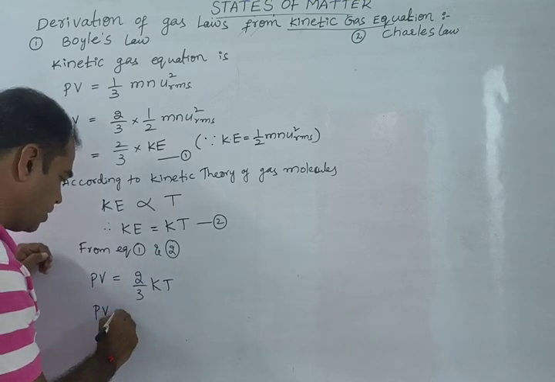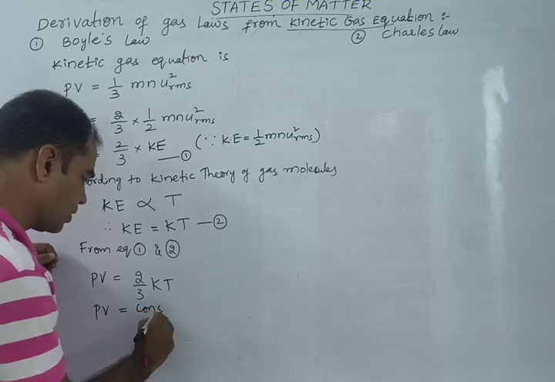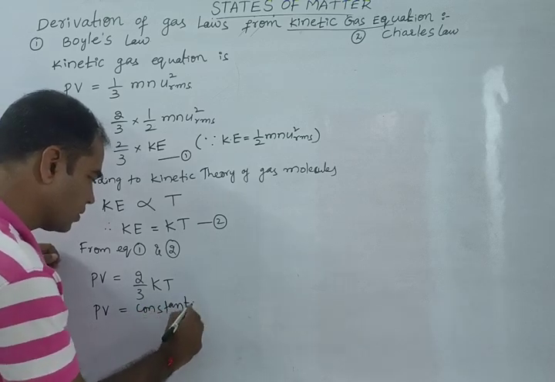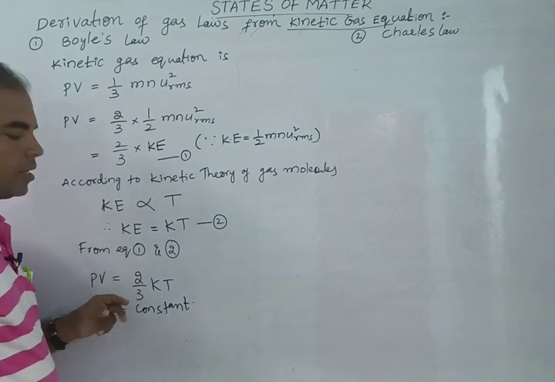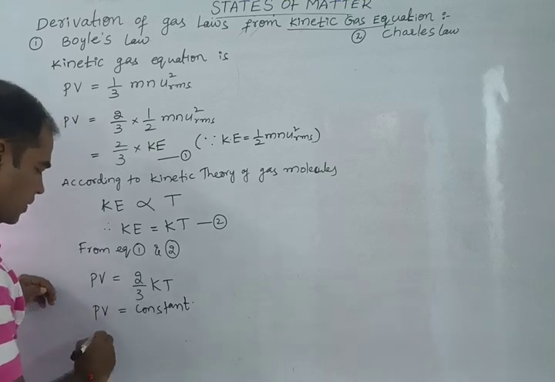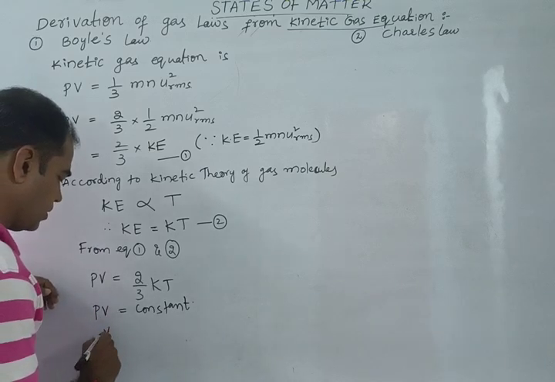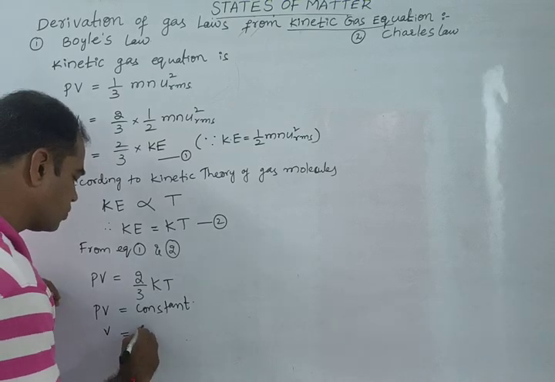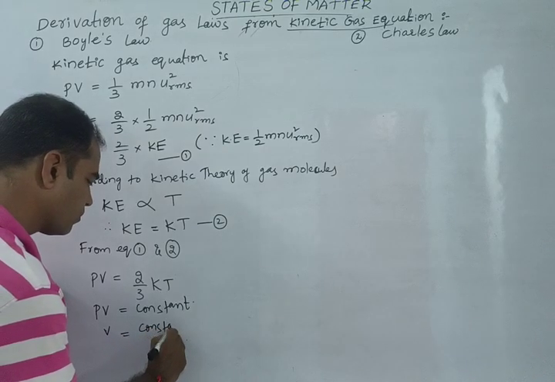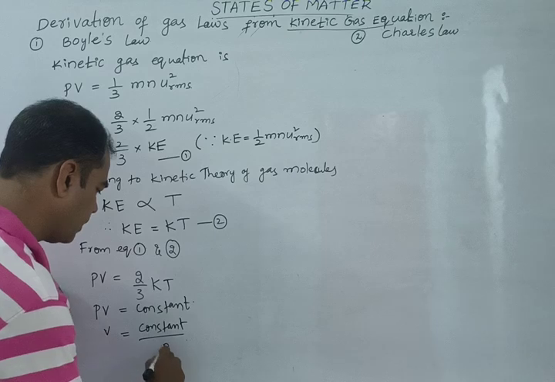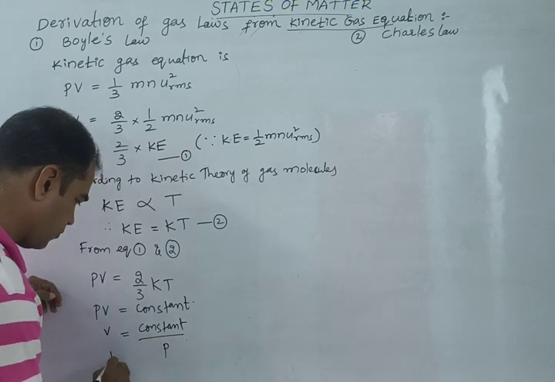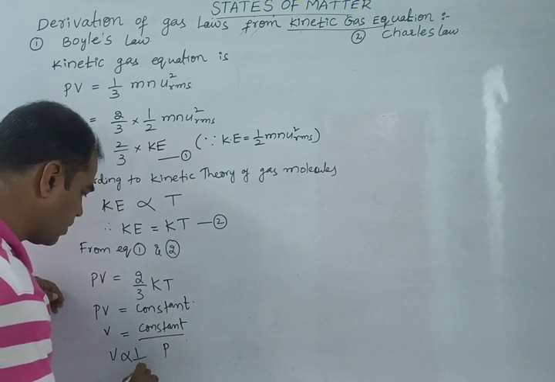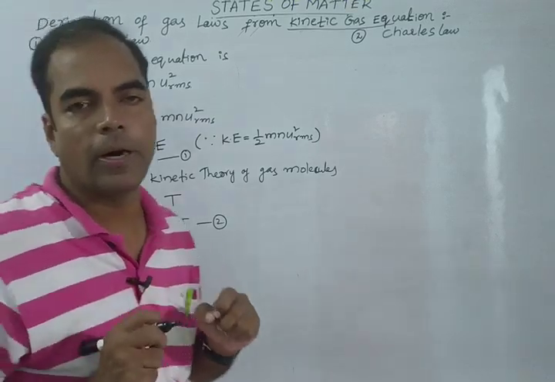That means PV equals constant, or V equals constant by P, so V is proportional to 1 by P. This is Boyle's law.